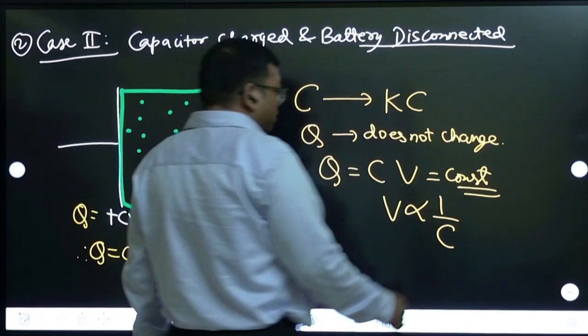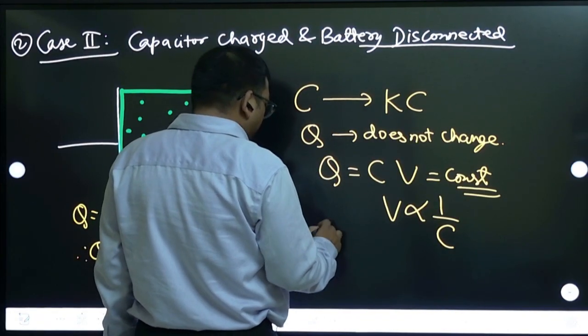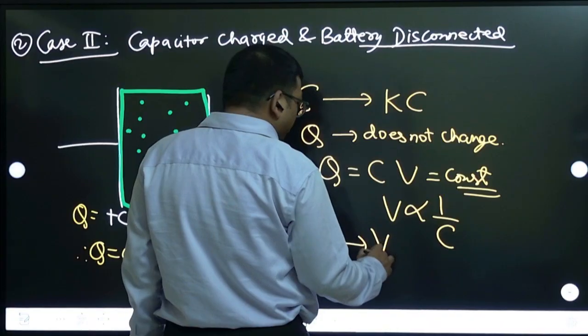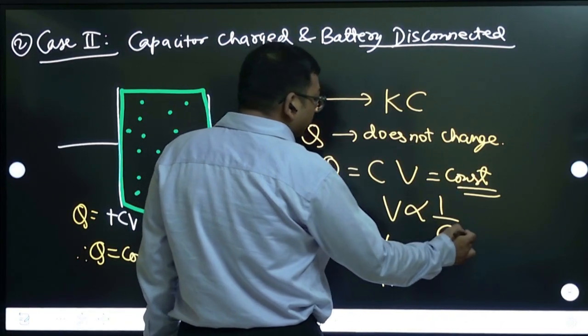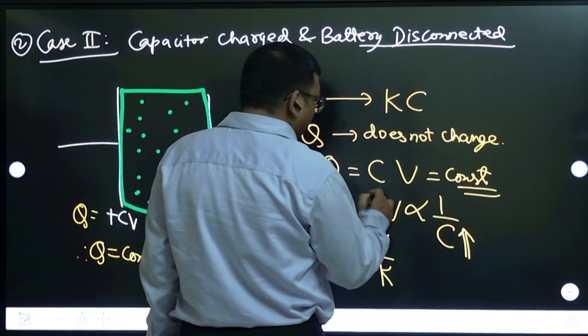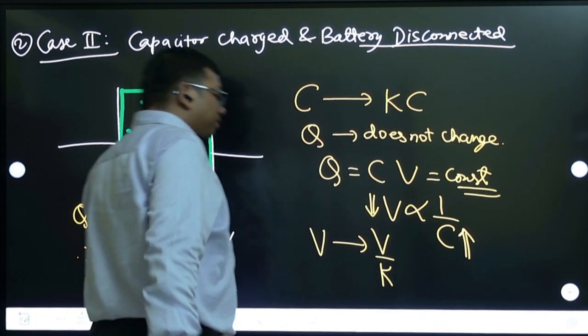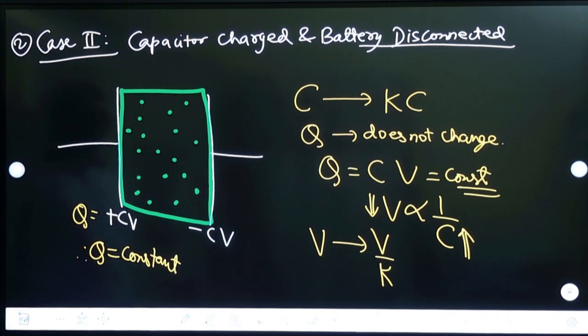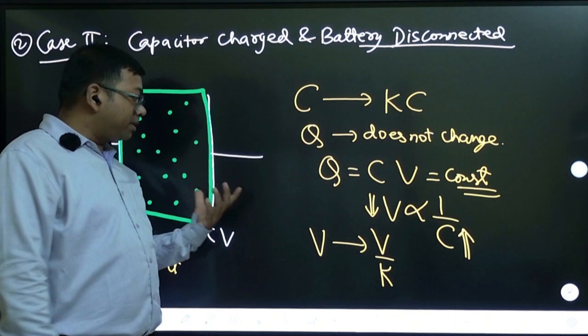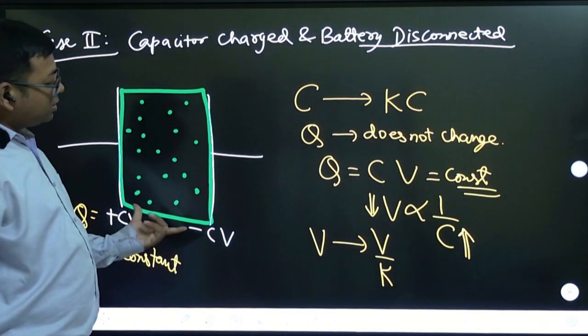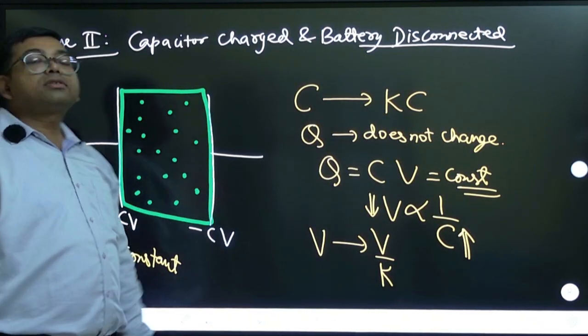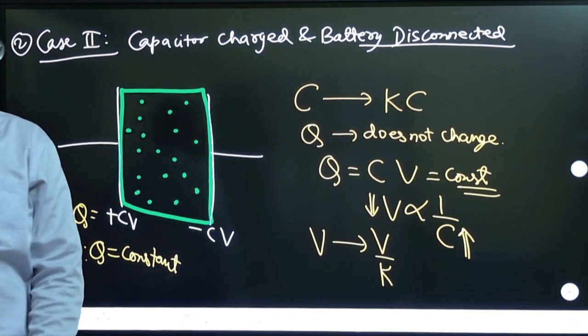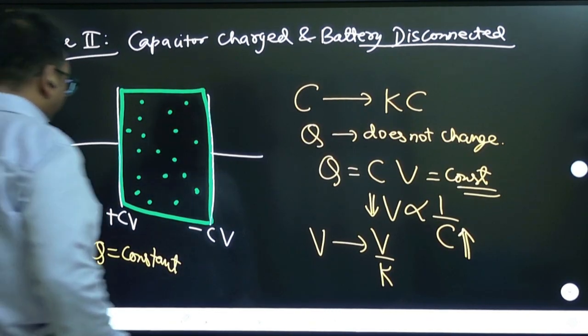Previously the voltage was V, now the voltage will be V by K. Because you are increasing C, voltage will decrease by the same factor. So when you put a dielectric and the battery is not there, and it was already charged, the voltage across the plates will decrease.